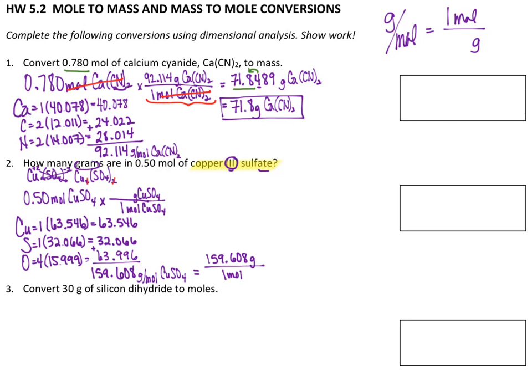And again, this little dash over here, this backslash, is the same thing as this bar. So now I plug in my mass, 159.608, and squeeze it in there. My moles cancel out.